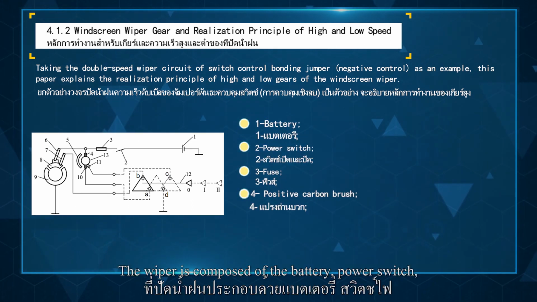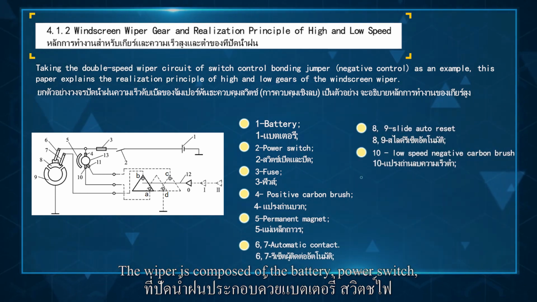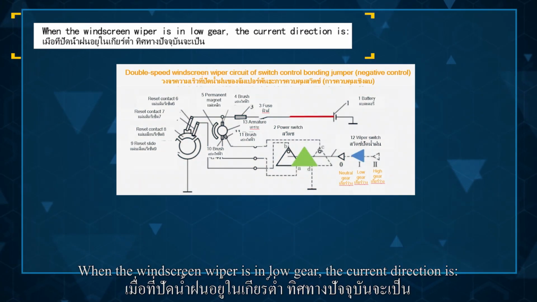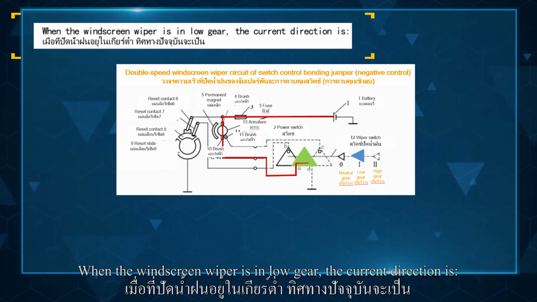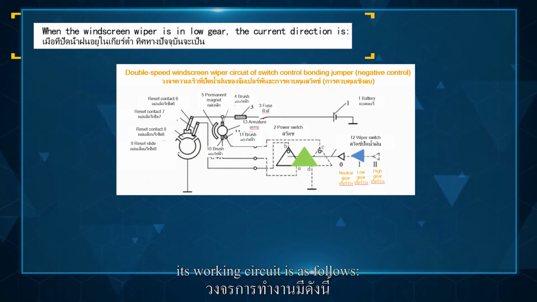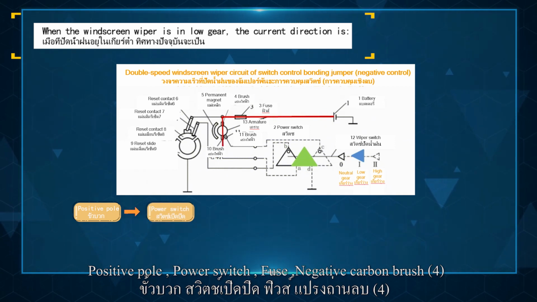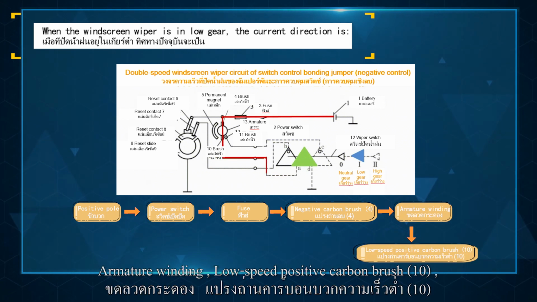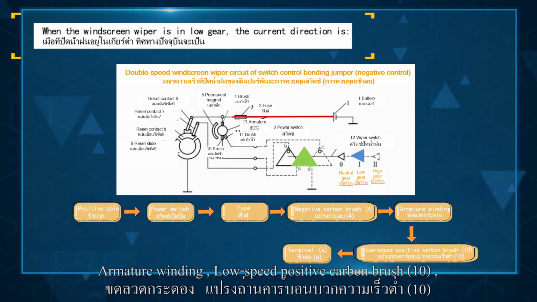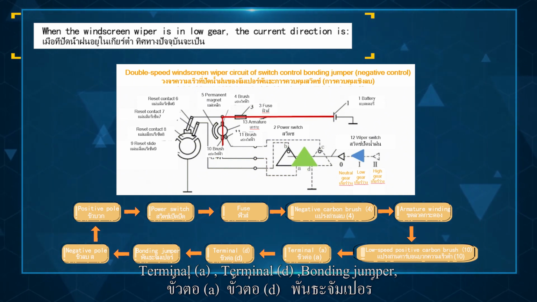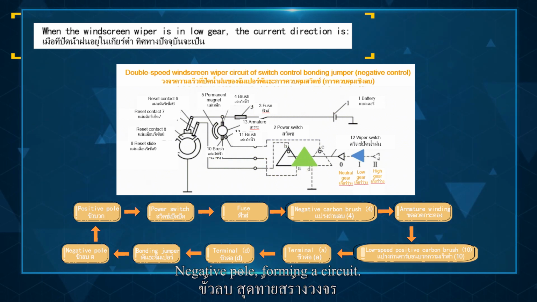The wiper is composed of the battery, power switch, fuse, carbon brush, reset slide, wiper switch, etc. When the windscreen wiper is in low gear, the current direction is, when the wiper switch is pulled to 1, its working circuit is as follows: positive pull, power switch, fuse, negative carbon brush 4, armature winding, low speed positive carbon brush 10, terminal A, terminal D, bonding jumper, negative pull, forming a circuit.